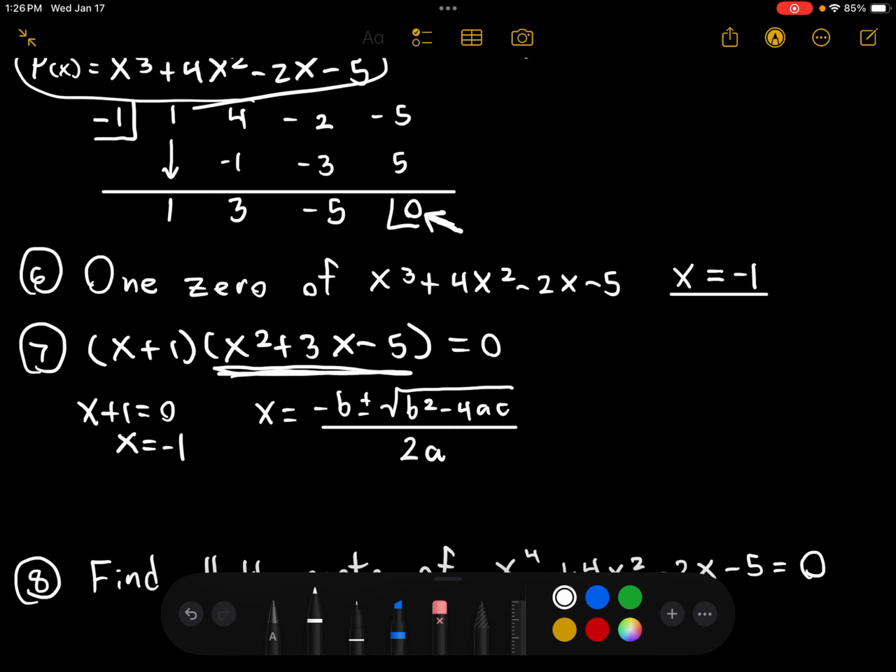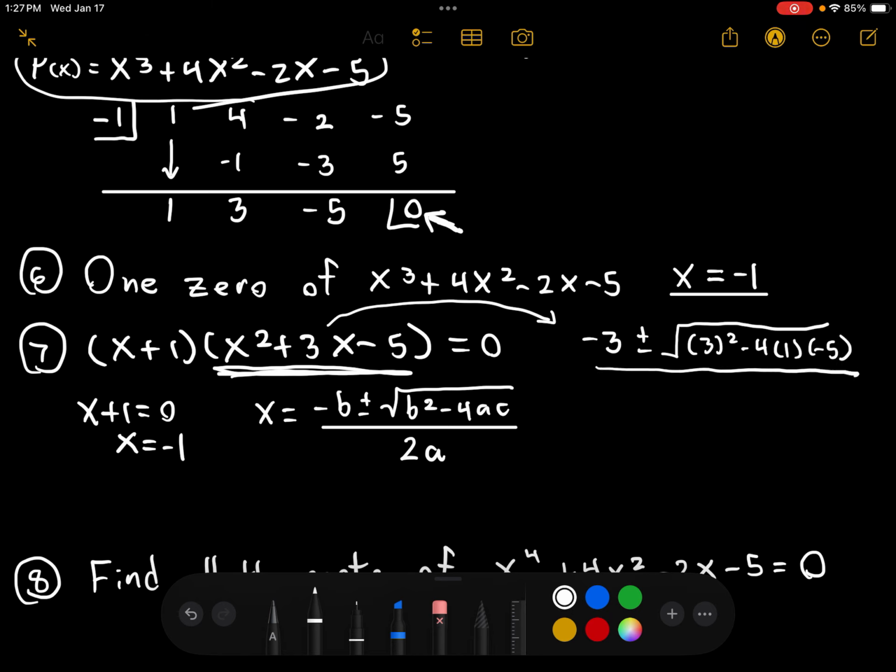Okay? So if I do that, let's see, and again, let me just see what I got here. So I would have a negative 3, by the way, I'm using this equation, okay? So we have negative 3 plus or minus the square root of 3 squared minus 4ac, all over 2a. 2a would be 2 times 1, all right?